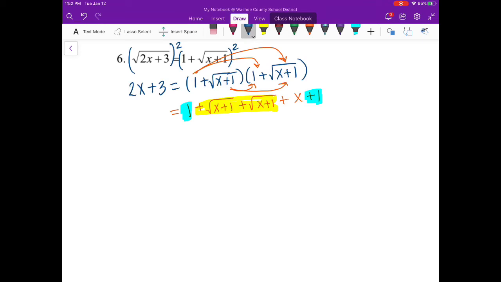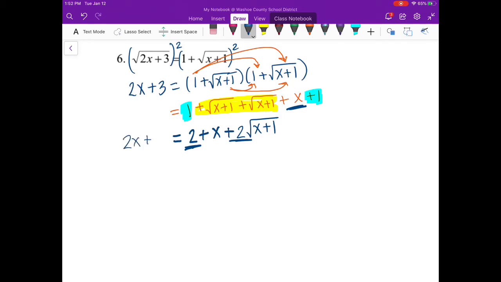So I'm going to actually bring the 1 plus 1 to the front. That way it's not confused to be inside the radical. So 1 plus 1 is 2. This plus x, I'm just going to bring it as well. And then plus, there's 2 square root of x plus 1s. Okay, please do not confuse these as something that you can add together. That is not the case here.